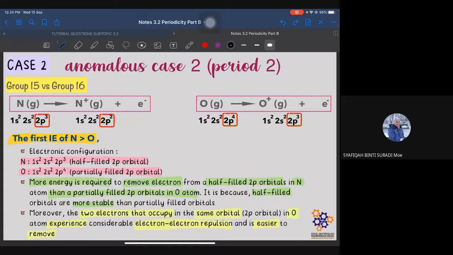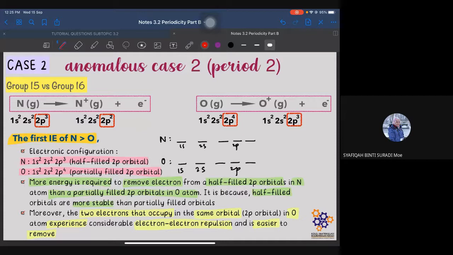Okay, so kalau kita tengok dekat sini, kalau kita buat dia punya orbital diagram. Sekarang kita lukis dia punya orbital diagram untuk nitrogen dan oksigen. So, 1s, 2s, 2p. So, untuk oksigen, 1s, 2s, 2p.